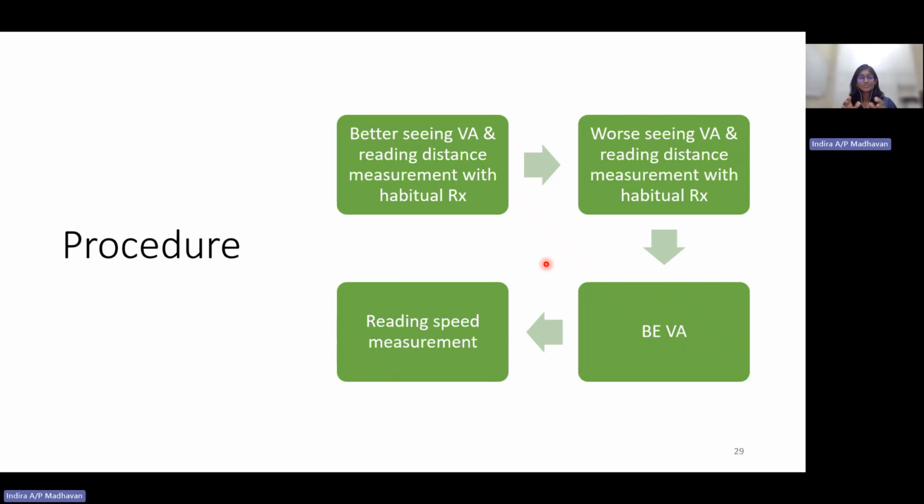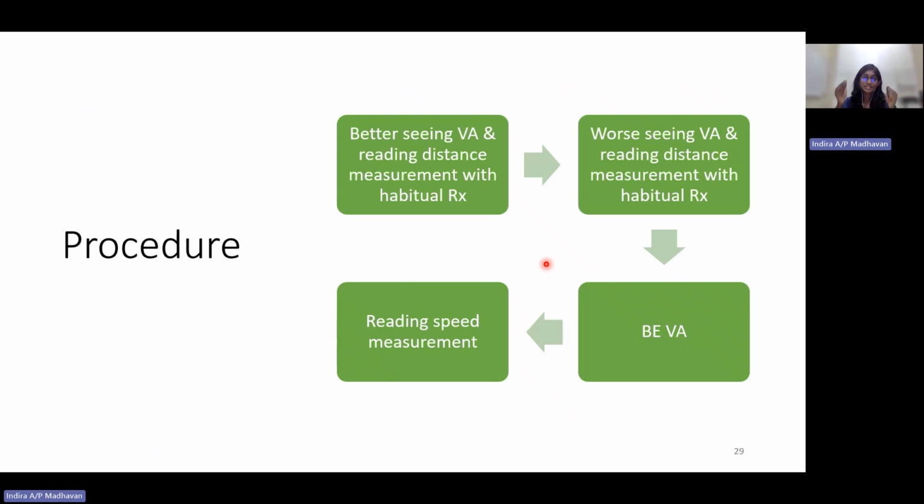Once you have measured the reading distance, occlude the bad eye. Make sure at that point they are wearing their reading glasses if they have them. If they habitually use reading glasses to read, then ask them to wear those. Then occlude the bad eye, and ask the patient to read at the same distance.